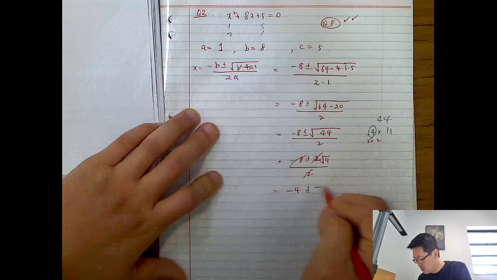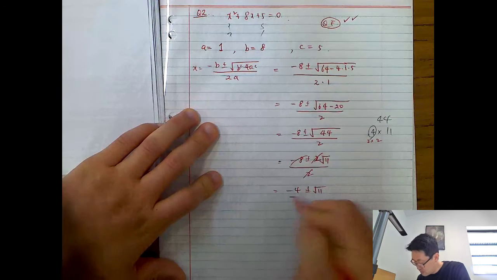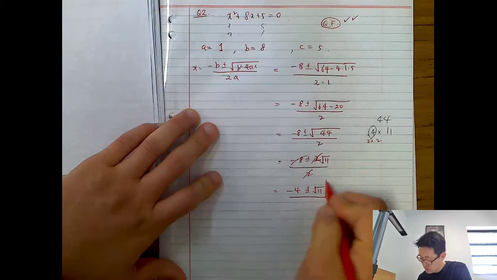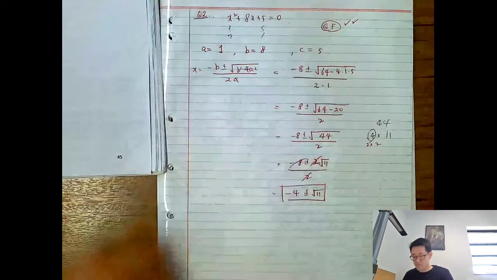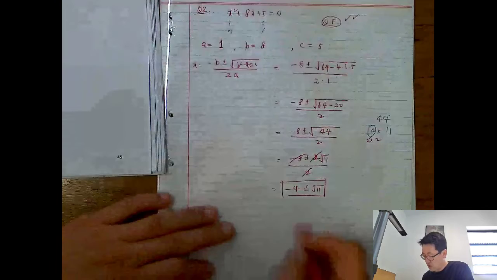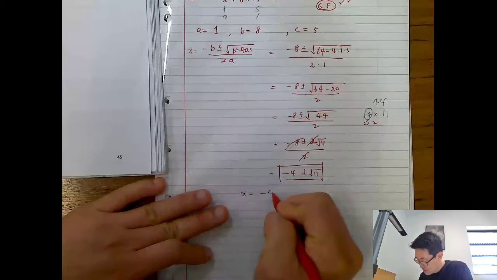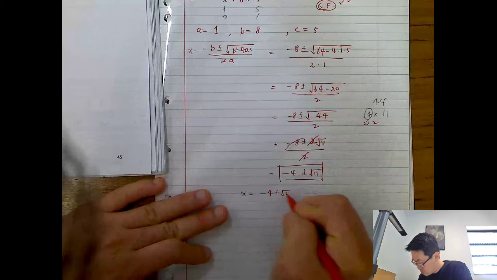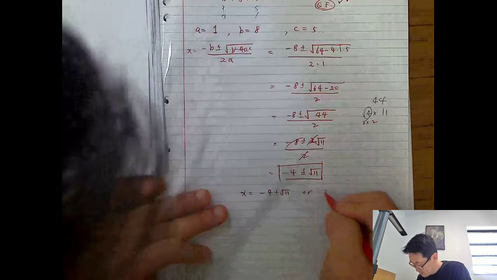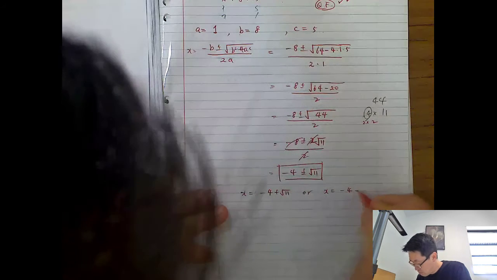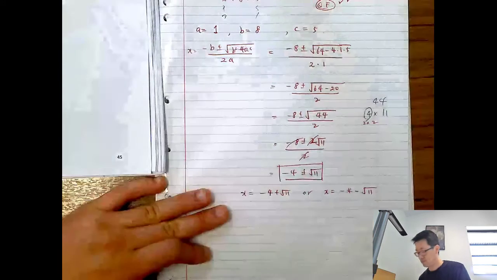Minus 4 plus minus square root 11. Oh, 2 is gone. So that's the answer. Minus 4 plus minus root 11. So I can write down x equals minus 4 plus square root 11, or x equals minus 4 minus this.